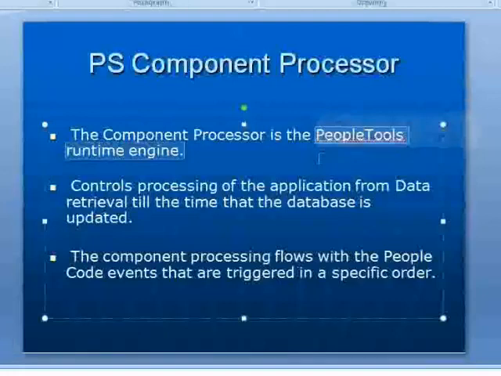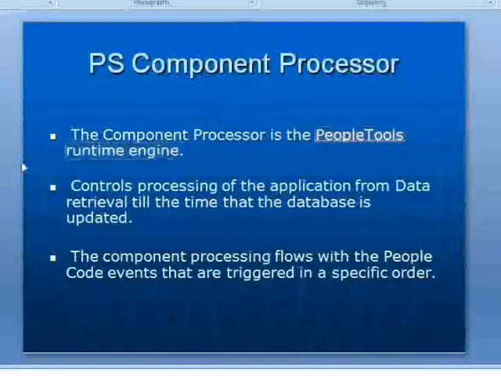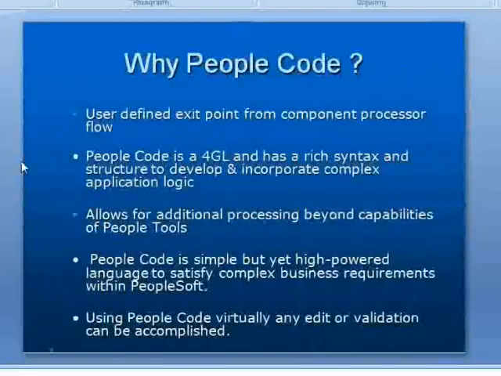It will fire all the events in order. There are a number of events, and all of them should be fired in order. This is the concept of component processing. It controls the entire flow of the data and of the PeopleCode.